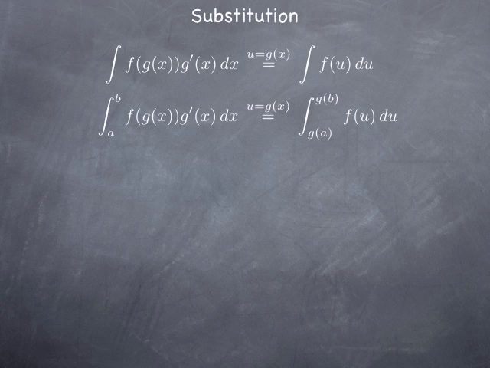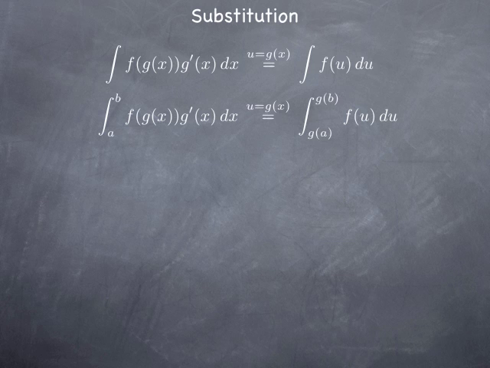Indeed, when you integrate f of g of x, g prime of x dx from a to b, the lower and upper bound of integration mean that the range of values that x assumes is from a to b. So when you change the variable to u and you have the integral of f of u du, you need to specify the range of values that u assumes.